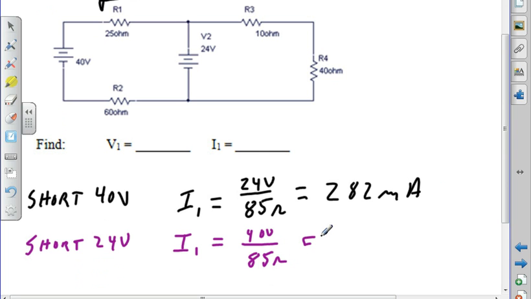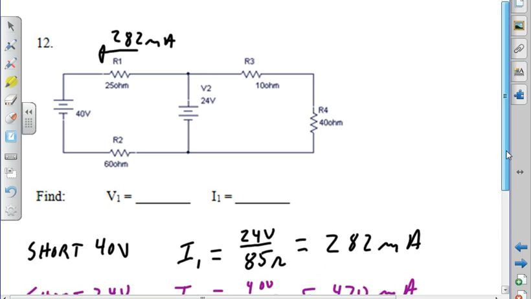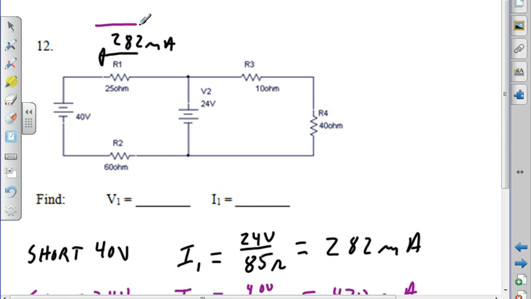40 divided by 85. 470 milliamps. I find that that is flowing that way, 470 milliamps.